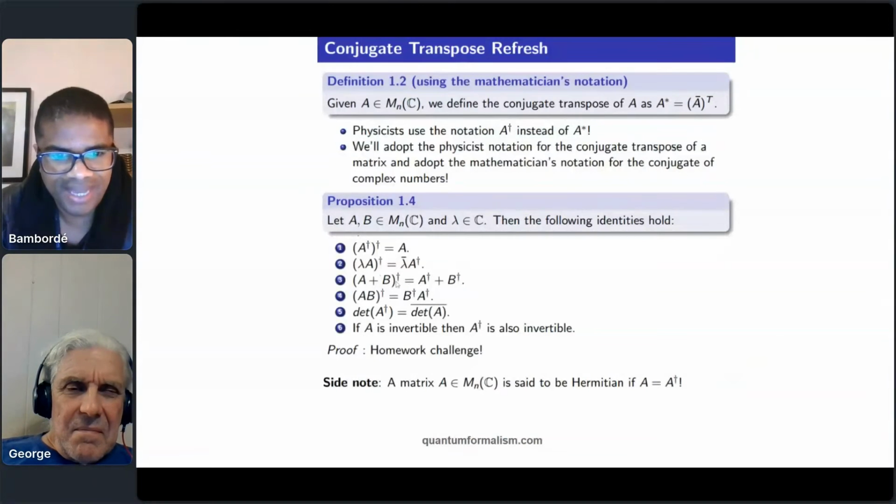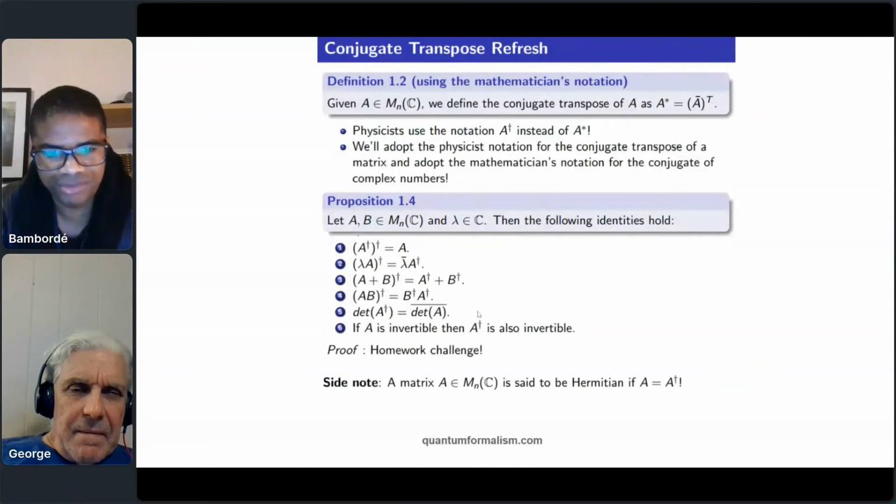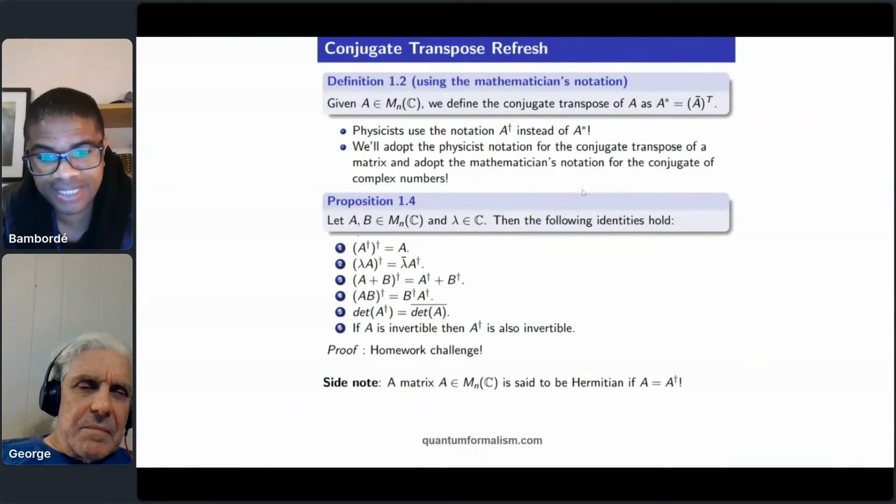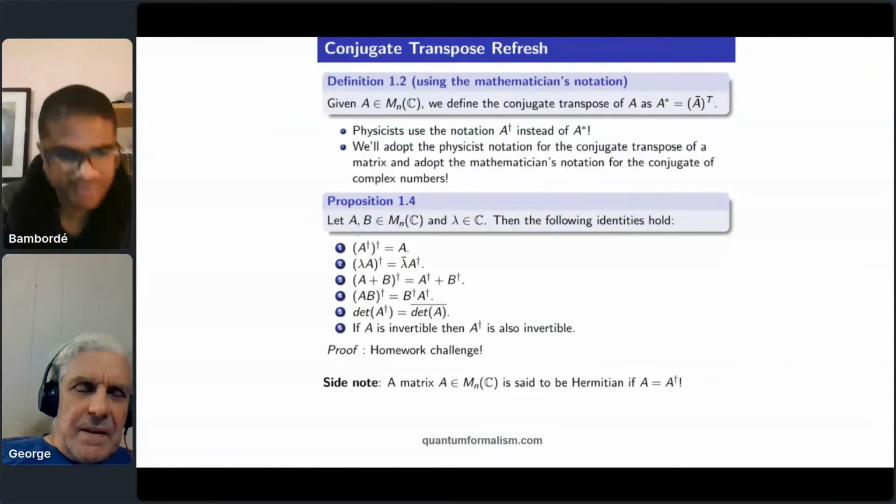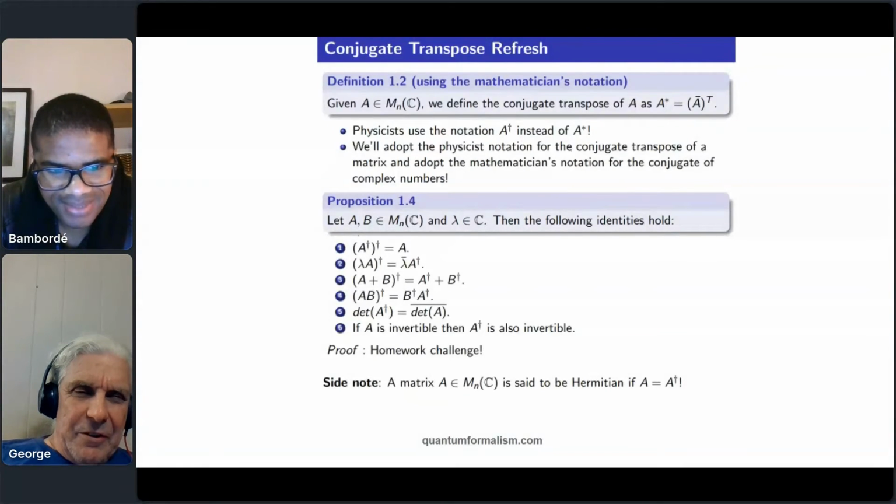Then you have these nice properties here, and so on. Also, if A is invertible, then its dagger is also invertible. It's a little subtle that scalar multiplication isn't directly linear. You could call it conjugate linear.